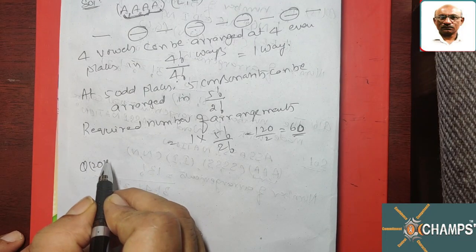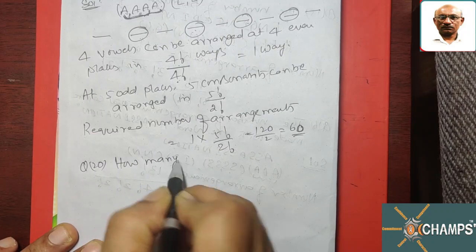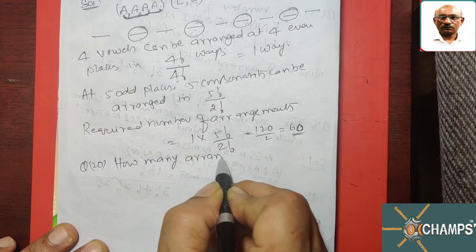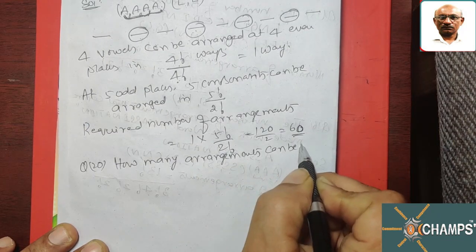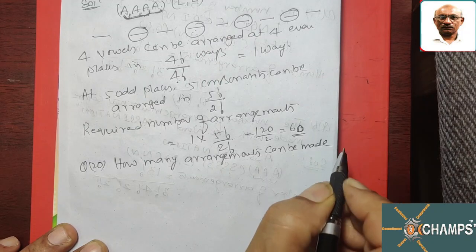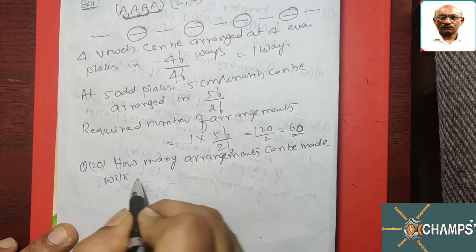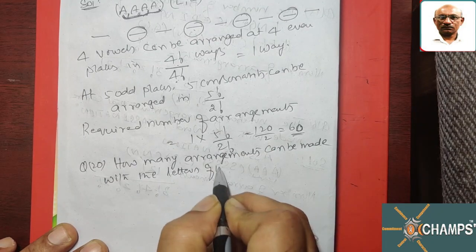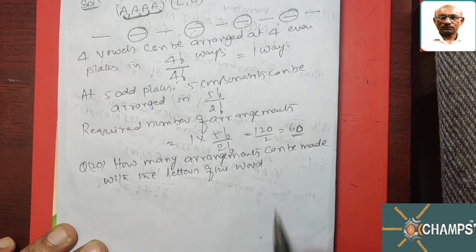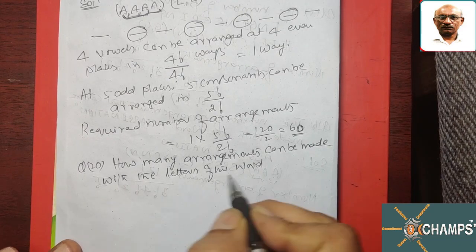How many arrangements can be made with the letters of the word mathematics?